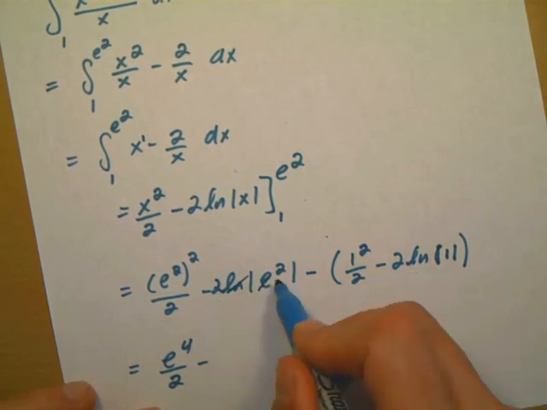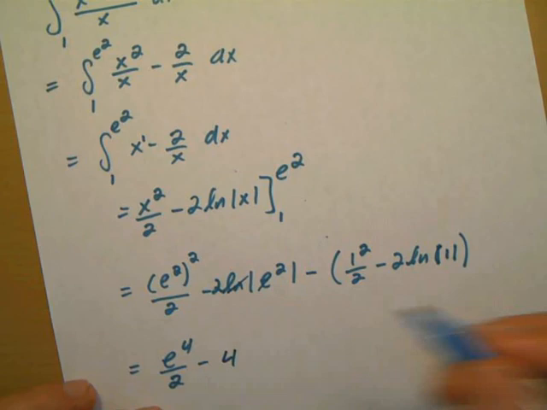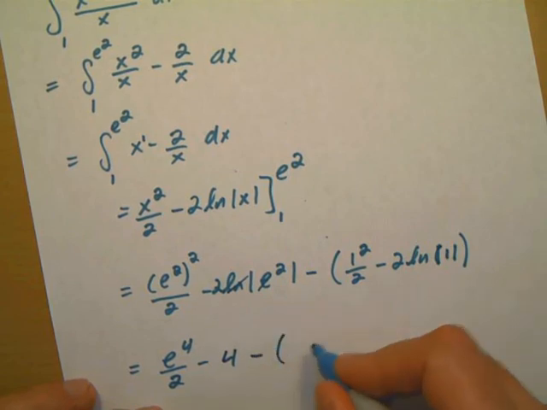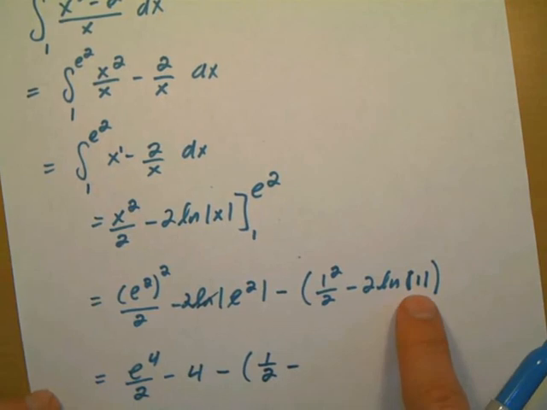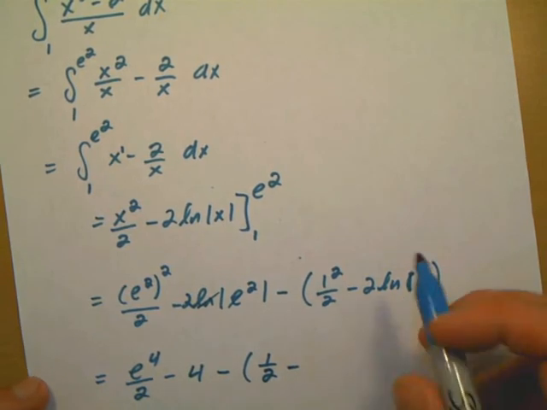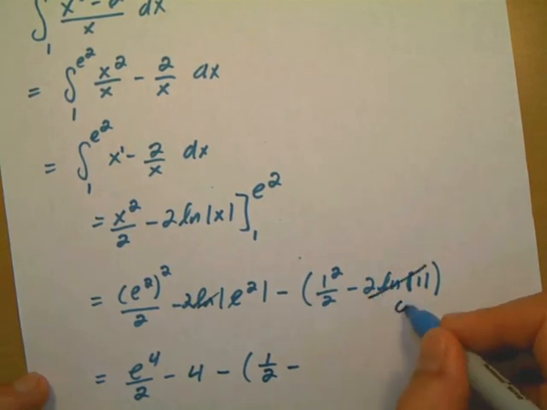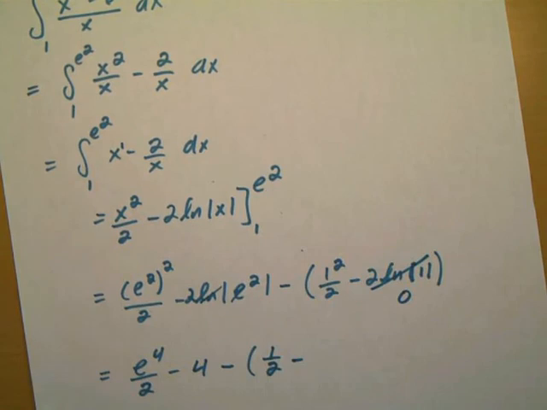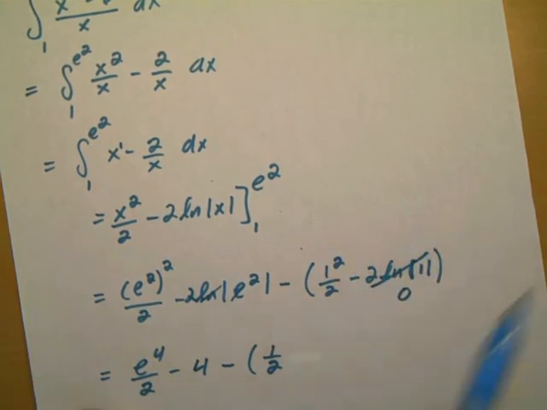So really what I have is 2 times 2, so this is going to be minus 4, minus, this is going to be 1/2, minus, and then ln of 1 is equal to 0. So this just becomes 0. So really just what I have is this.